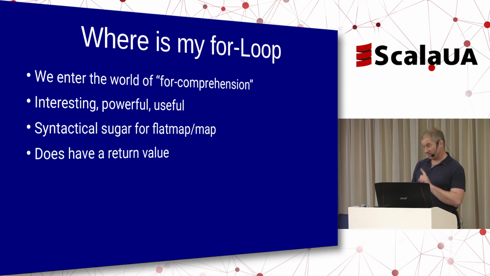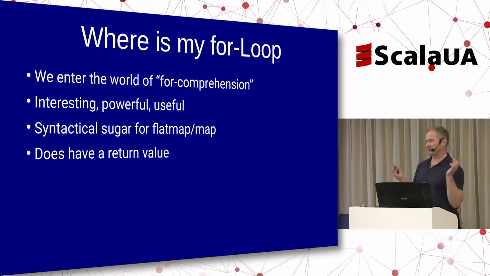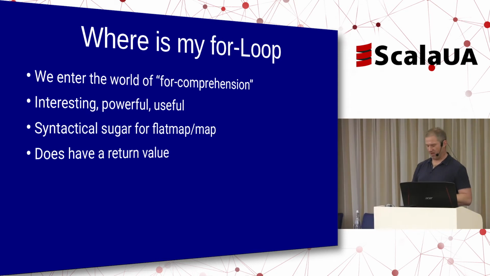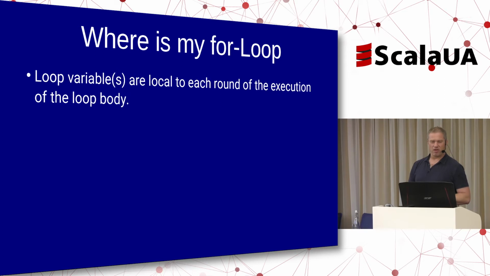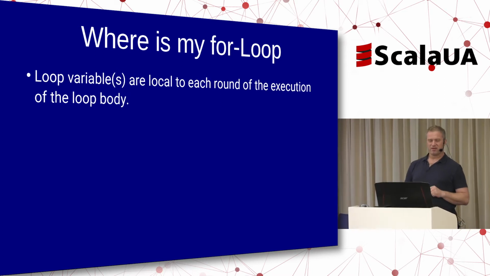And it has a return value. Everything without a return value is suspicious, because that does nothing. So there we have a return value, so we are on a good path. And something else that is of course possible here, the loop variable is a local variable to the loop body, so we are also safe here.